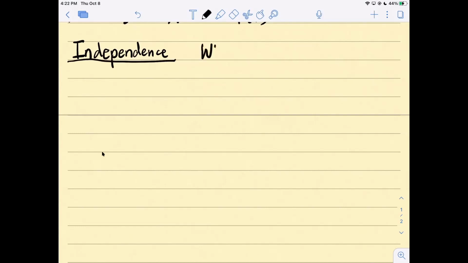When they don't correlate with each other at all. Like if you roll a dice once, the second roll doesn't depend on the first roll. Nice. Yeah, exactly. The outcome of the first roll has no bearing on the second roll.